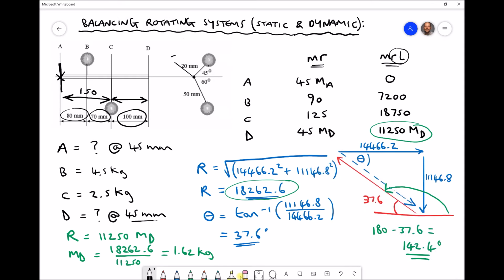So mass D then is going to appear somewhere around here. But we haven't quite finished because we've determined the magnitude and position of mass D, but we haven't yet determined the magnitude and the position of mass A. So let's clear some space and then we're going to go through the next steps in order to determine the magnitude and position of mass A.